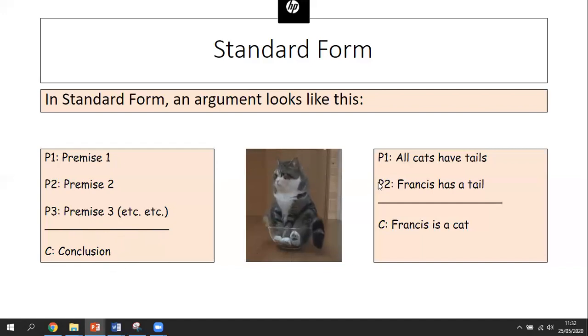So for example, over here, there's a nice gif of a cat in a bowl. Premise 1, so P1: all cats have tails. P2: Francis has a tail. Inference bar, so therefore, or so, or consequently, conclusion: Francis is a cat. So that is basically how you structure an argument when you're presenting it in standard form.